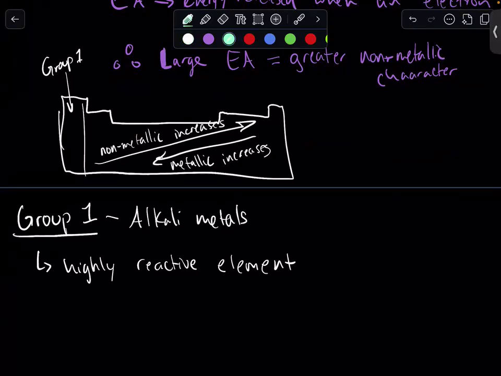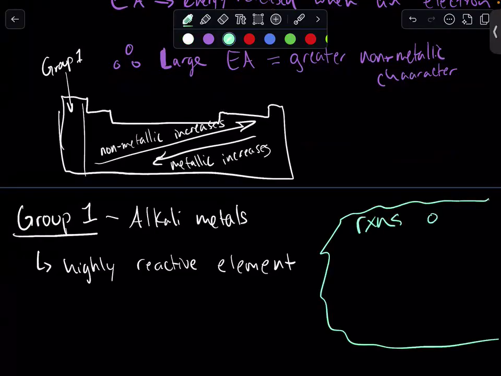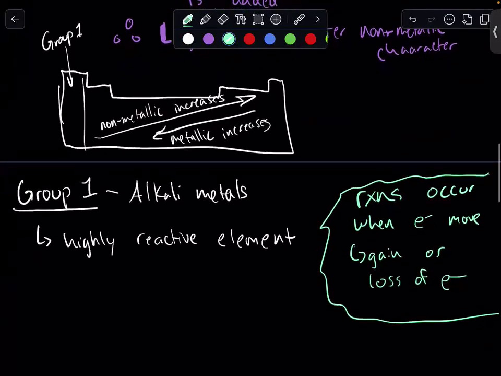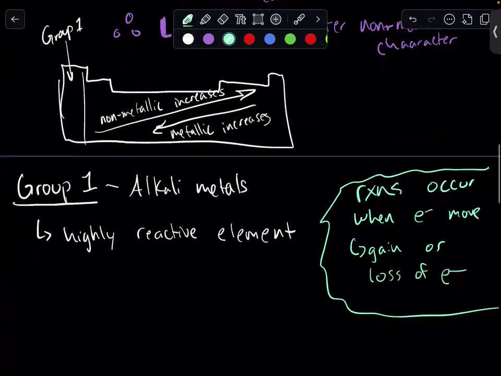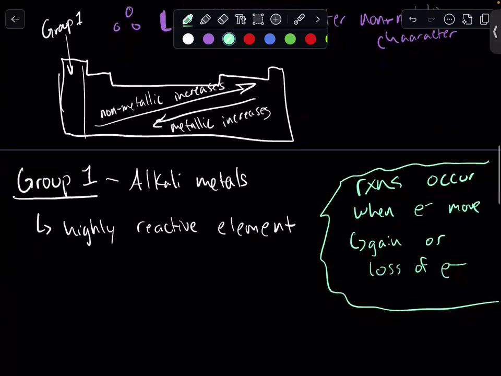Just a little aside, reactions occur, oops, occur has two C's, when electrons move. That could be either a gain or loss of electrons. So something that's going to lose electrons very readily would be considered highly reactive because it must lose those electrons to something. So we say the group 1 alkali metals are highly reactive.